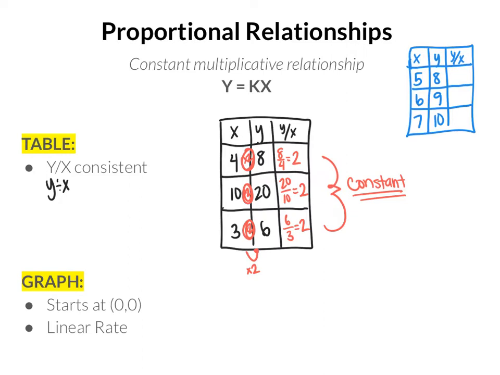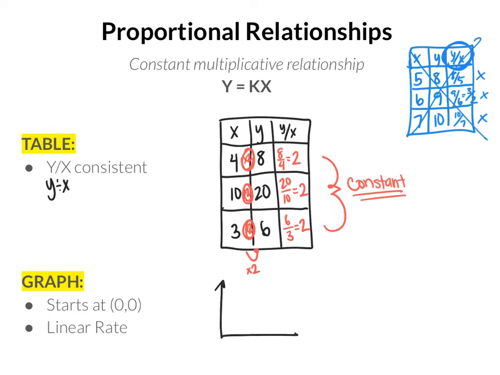But when I check for my constant of proportionality, my y divided by x, I get 8/5, 9/6, which simplifies to 3/2, and then 10/7, which can't simplify. These aren't constant all the way down, which is why this one is not a proportional relationship, but our first one was.